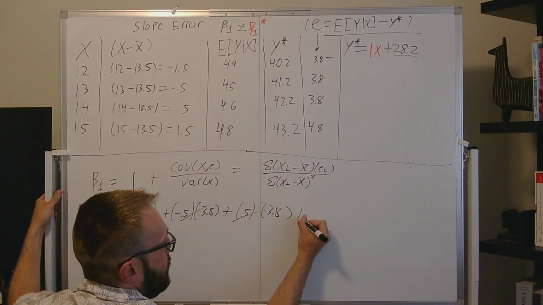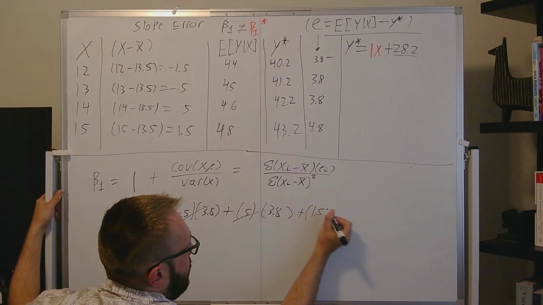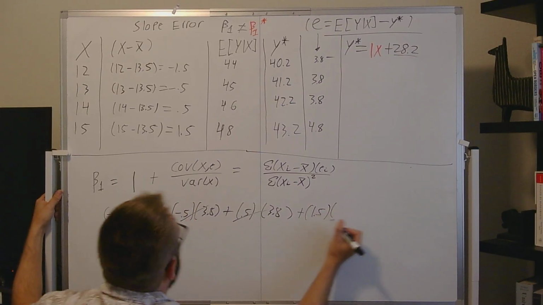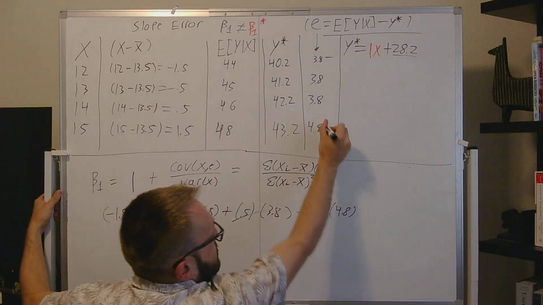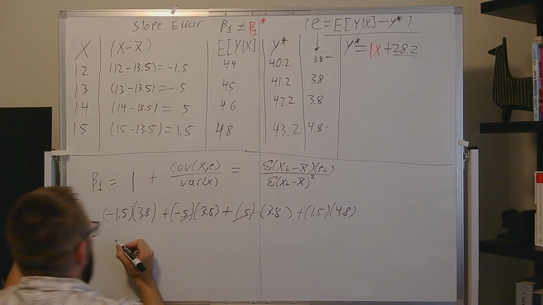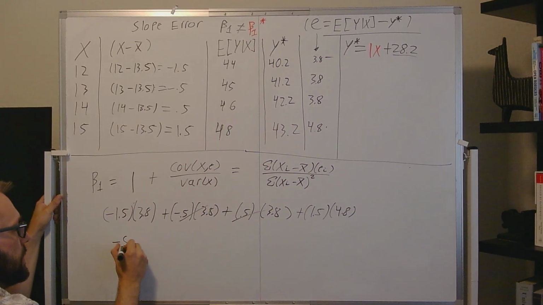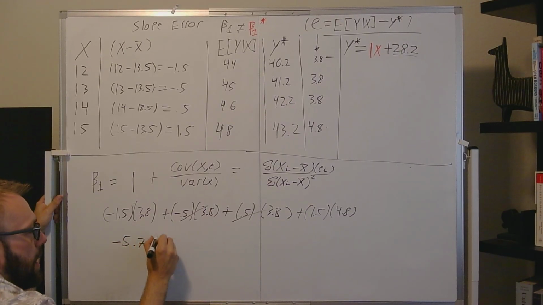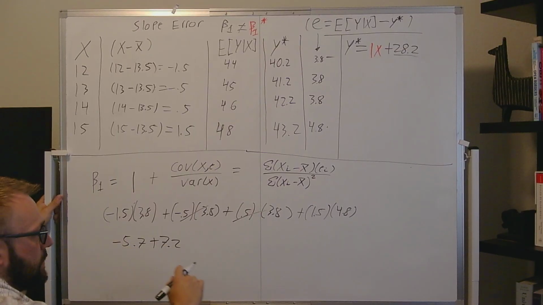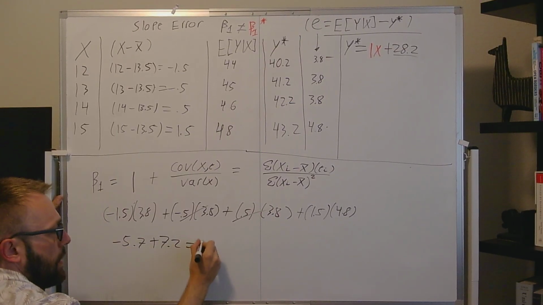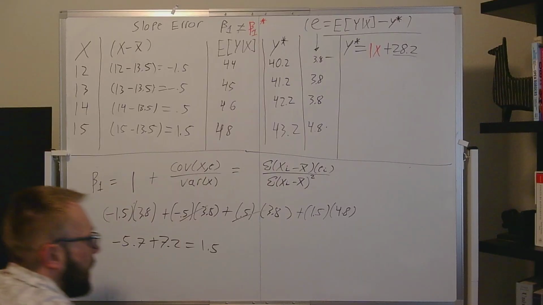And then finally we have in our fourth row at the bottom here, 1.5 times 4.8. So this is going to be negative 5.7, and then we're adding 7.2 over here. Negative 5.7, 7.2. That's going to give us 1.5.